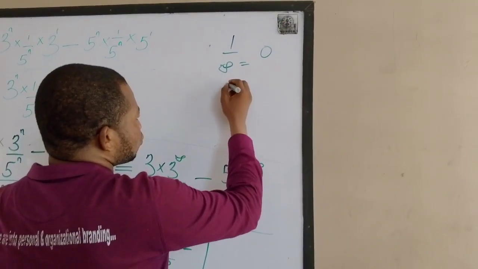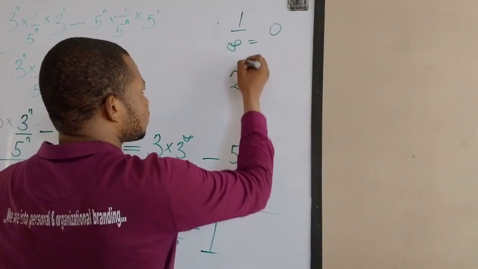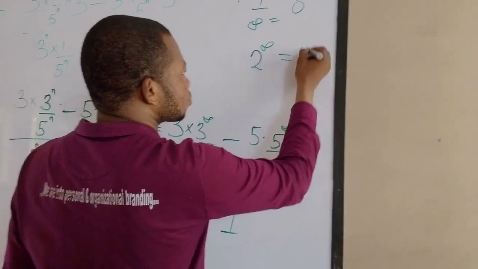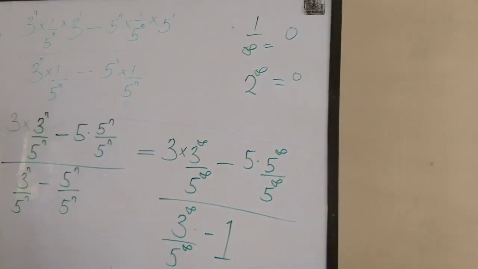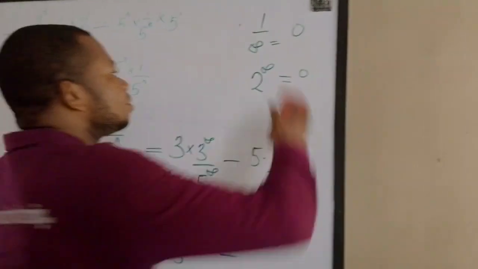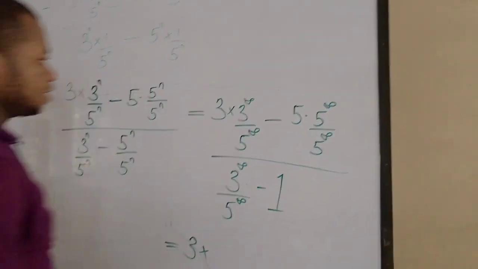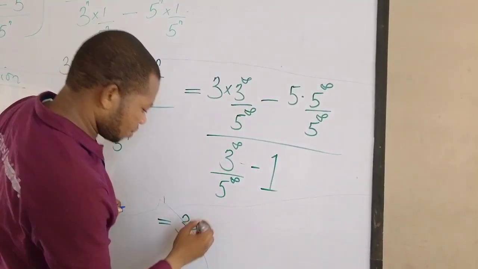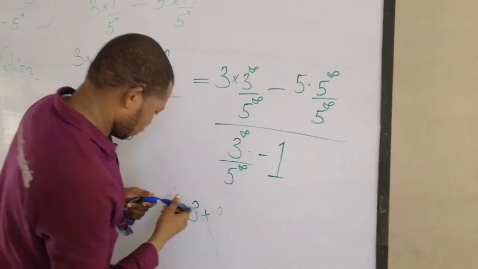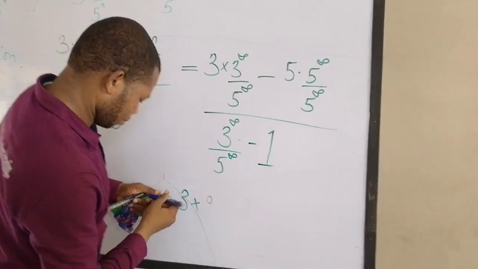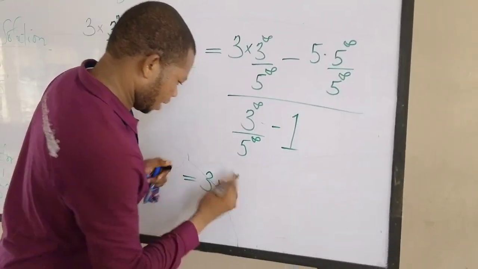Say 2 raised to power infinity, the answer is also 0. It's a rule you must know. So this one automatically becomes 0.